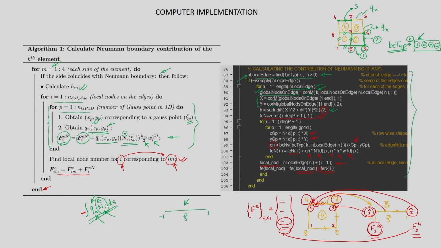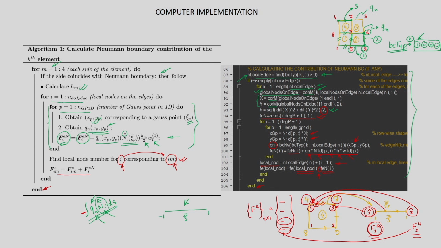Since in Qn we haven't considered that minus sign, here we have to take this as minus. So this ends here, and at the end of this we are getting the element stiffness entry and the element force vector, complete, including the Neumann boundary contribution of that kth element. So at the end of this we get the element stiffness matrix and element force vector for the kth element.